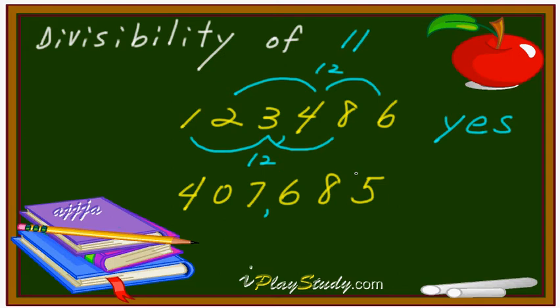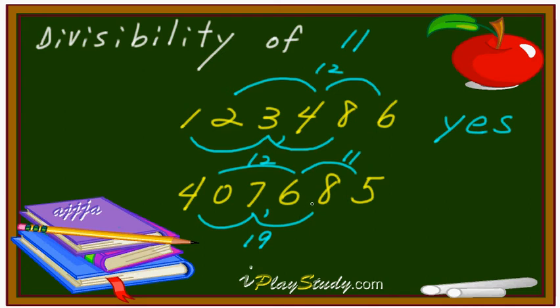Now, what about this one? Let's add this one and this one to this. 0, 6, 5, that's 11. What about this and this? 11 and 8, 19. So that should be the same or a difference. 19 minus 11 is 8, so we can't trust this one to be divisible by 11, and it is not.